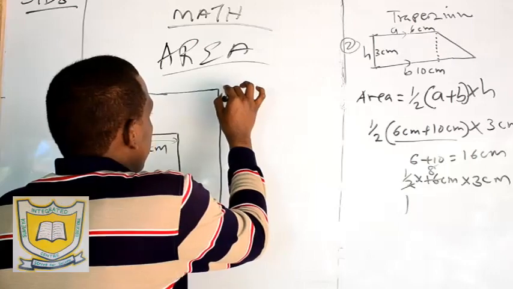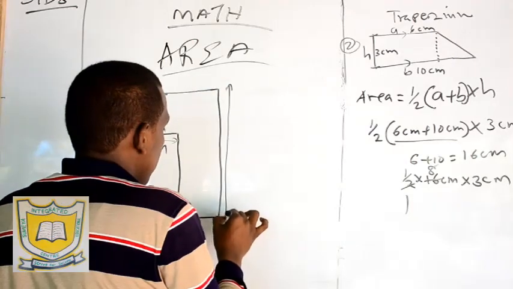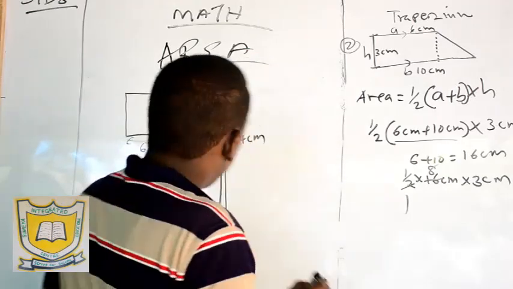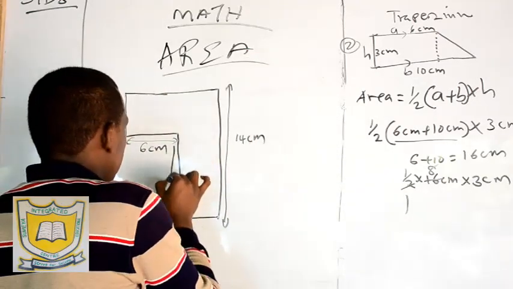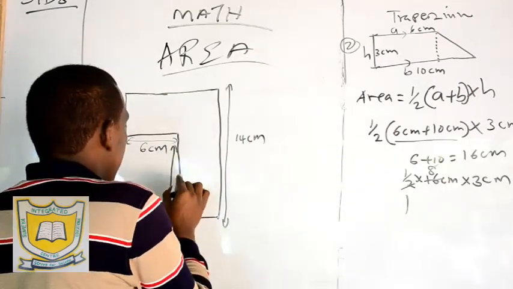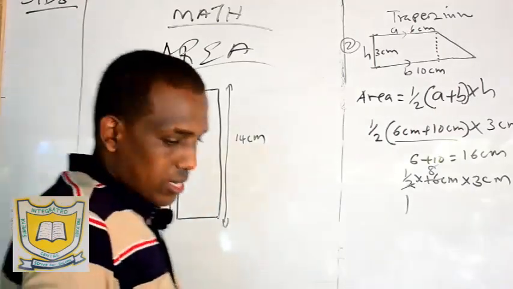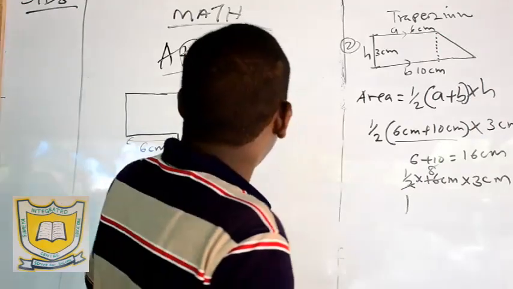This line from here to here is 14 centimeter, and then from here to here is 8 centimeter. Here is 8 centimeter. Then you are told now to find the area.